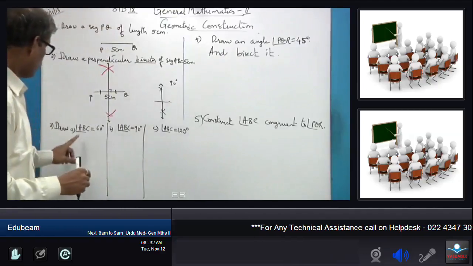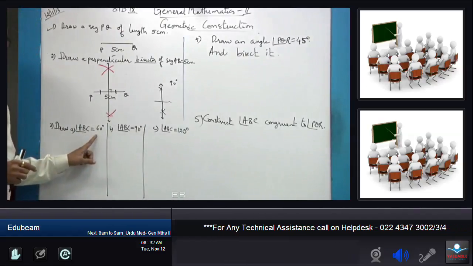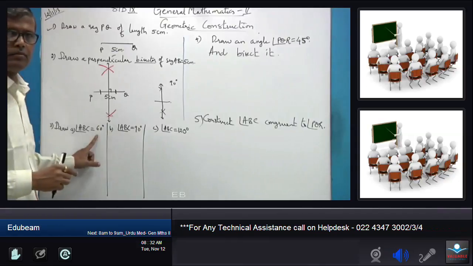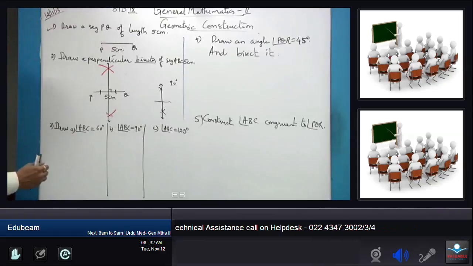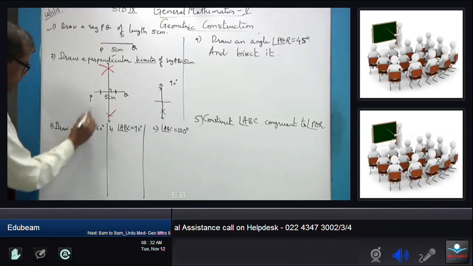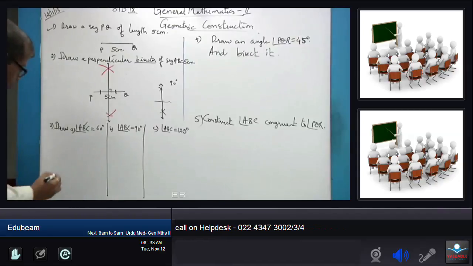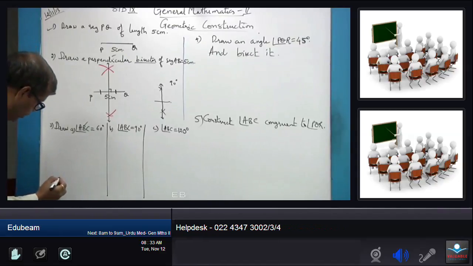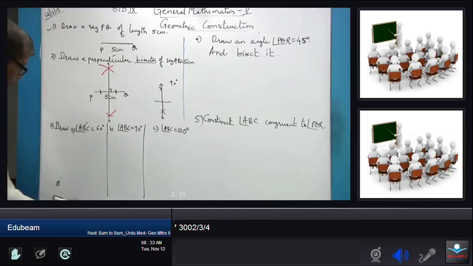B will be here. Arrowheads on both the sides. 90 degree here. Measure this as 90 degree from this. B on the center, C along the 0.